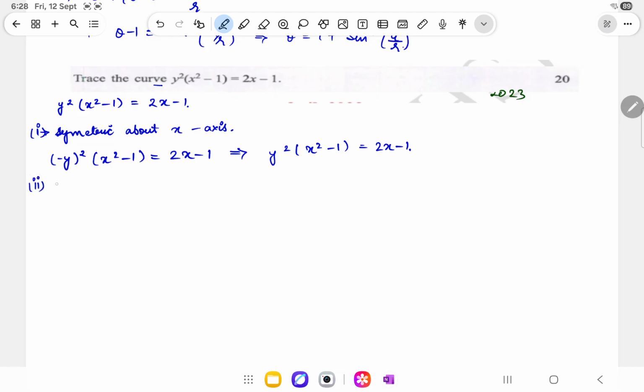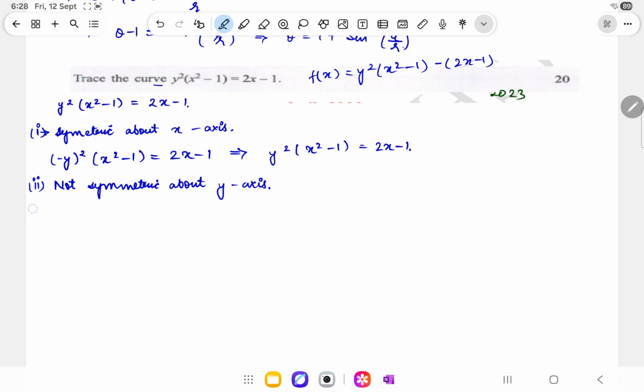But it is not symmetric about y-axis, because if I name my function f of x as y square into x square minus 1 minus 2x minus 1, then f of minus x doesn't give me the same thing.